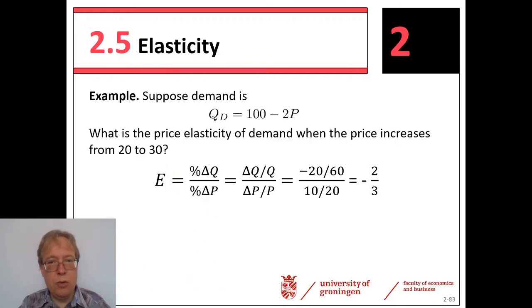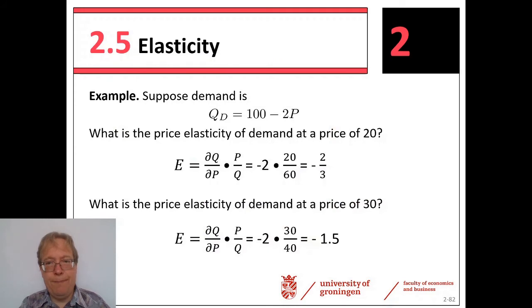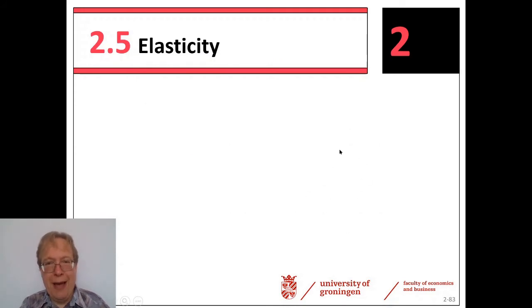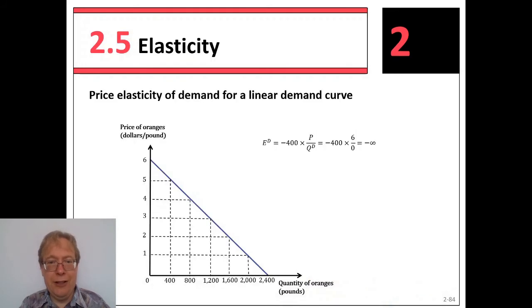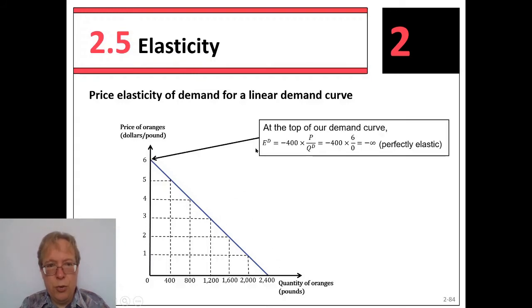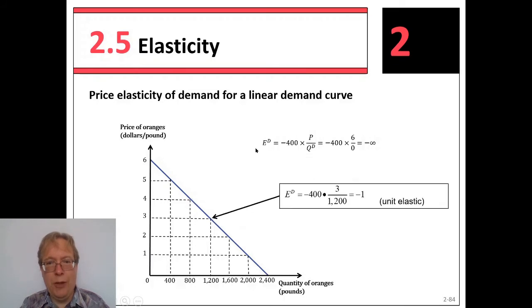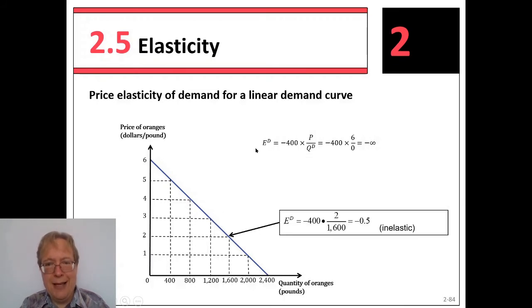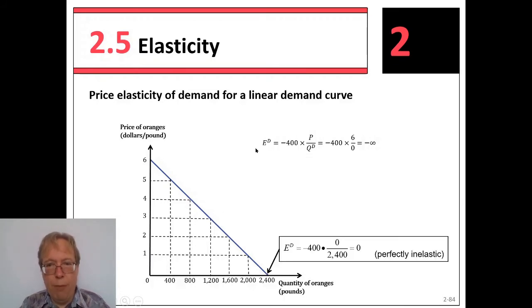So one thing to note is that this thing changes along a linear demand function, right? A different example here, so that was the example that I had previously with the demand for oranges, a couple of slides back. Demand of oranges looked like this, and what you can do is to calculate the elasticity of demand at every single point.